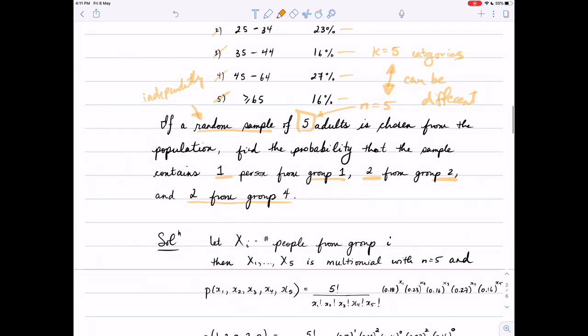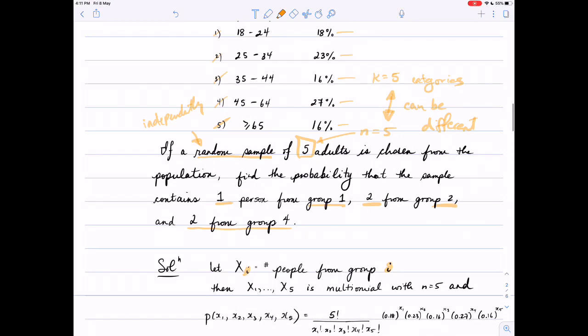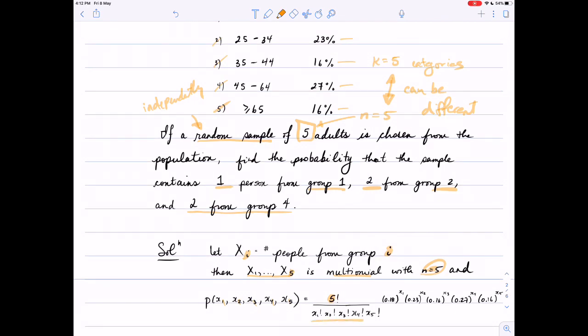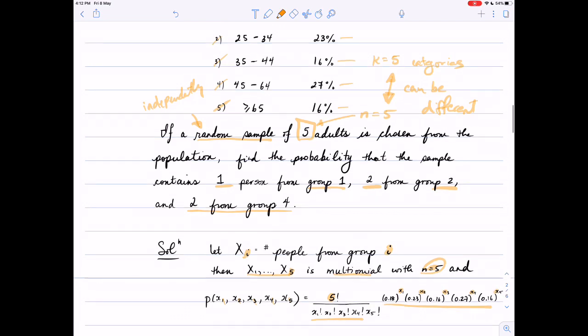So we are letting xi, x1 through x5, be the number of people from groups 1 through 5, those age groups up there. Then x1 through x5 follows a multinomial with n equals 5, and there are 5 categories. Here is the n factorial over the 5 variables' factorials, and there are our probabilities of each group, the percentages from the table, to the appropriate powers, the number of individuals.